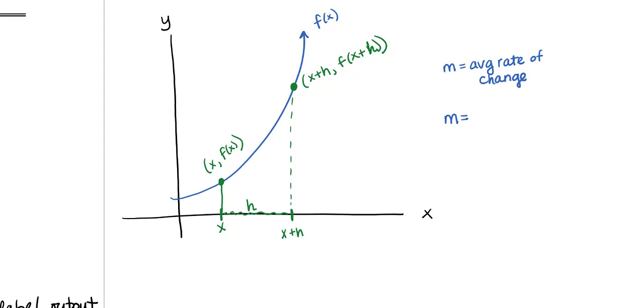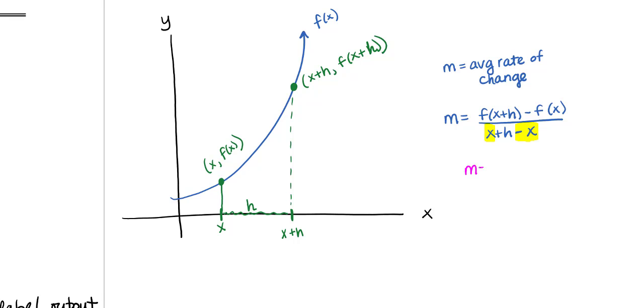So that is the change in y over change in x, or f of x plus h minus f of x all over x2, which was x plus h, minus x1, which we called x. And then you can probably see that I have 2 terms here in my denominator that will add to 0.